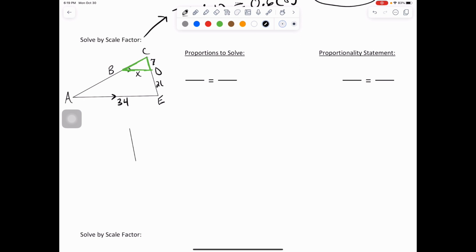So we're going to do our larger one. It might not be exactly the same size, don't sweat it, it's just for an example here. So that's ACE. A to C to E is our larger triangle. Now we know from C to E, if we did 7 plus 21, we would get 28. And A to E is 34.